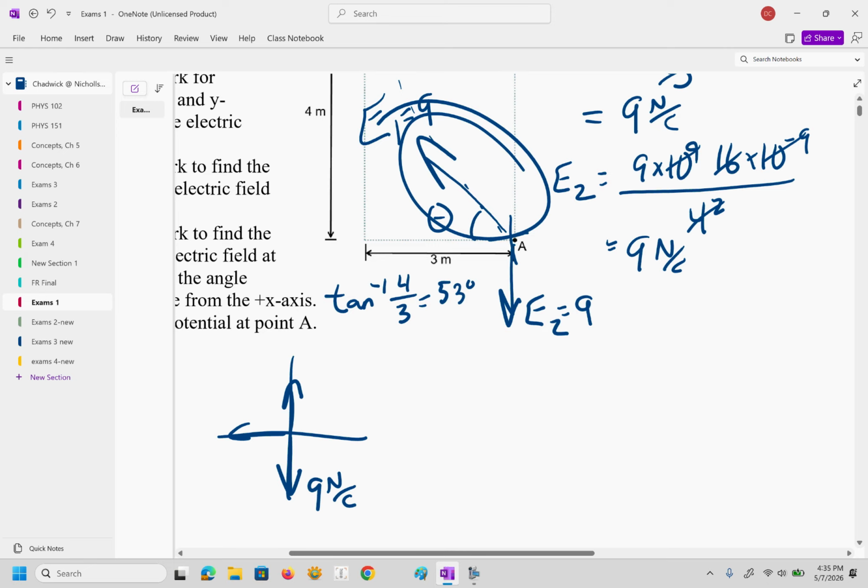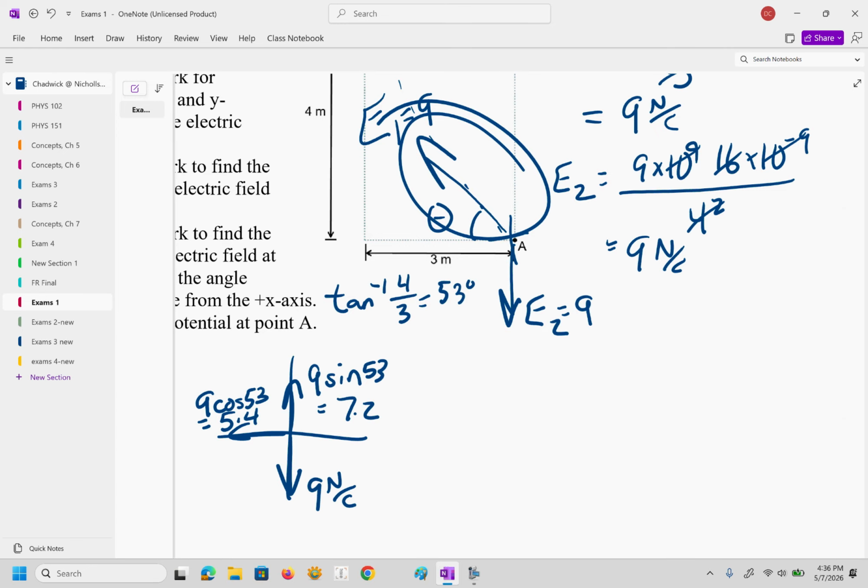So that's going to be 9 sine of 53 and 9 cosine of 53. That's 5.4 and 7.2.